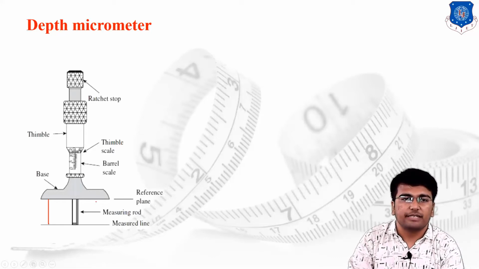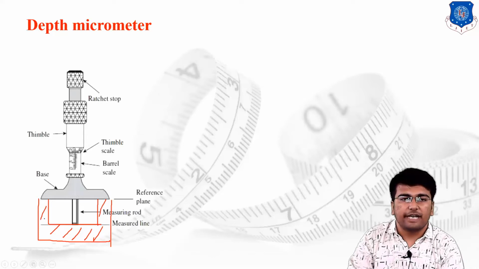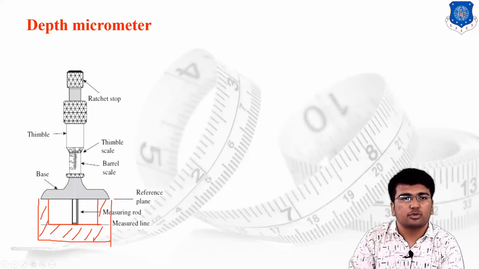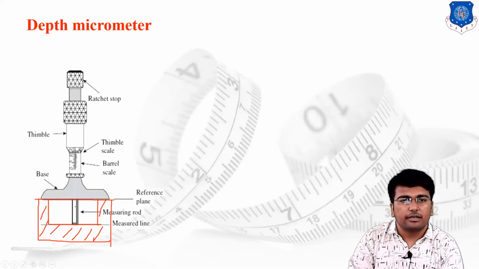Suppose I have to measure the depth of this hollow section. Suppose you are finding the depth of this hole, then what you are supposed to do is simply provide the base over the top surface, then start lowering the measuring rod.